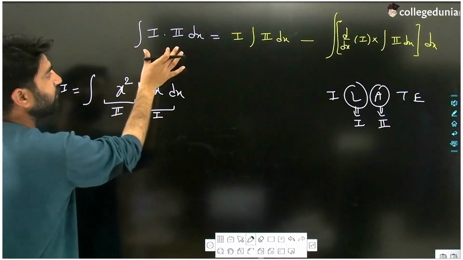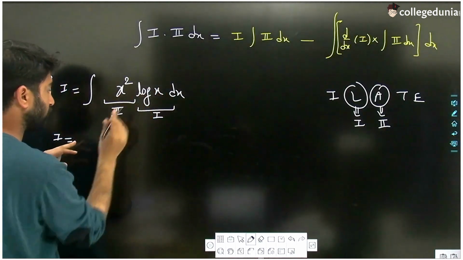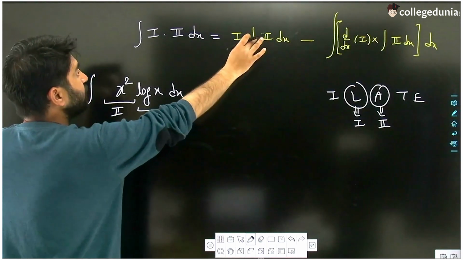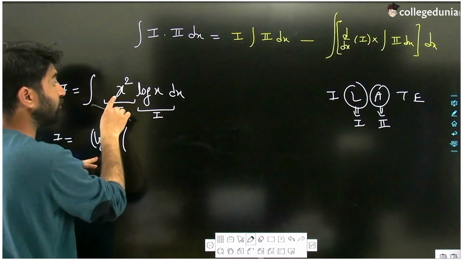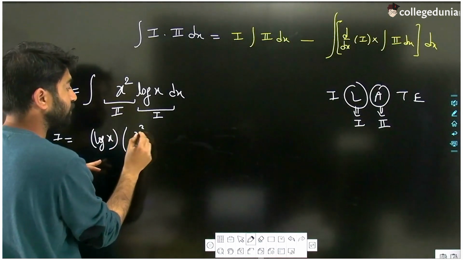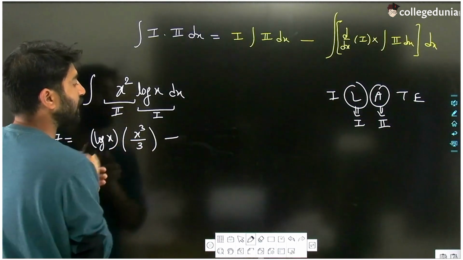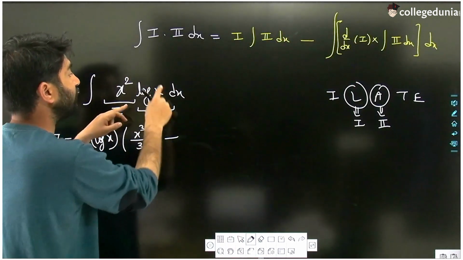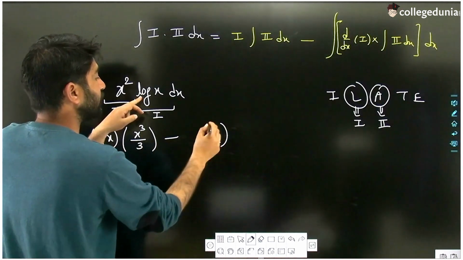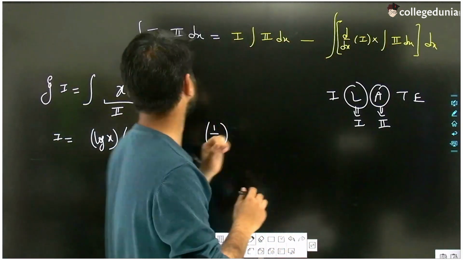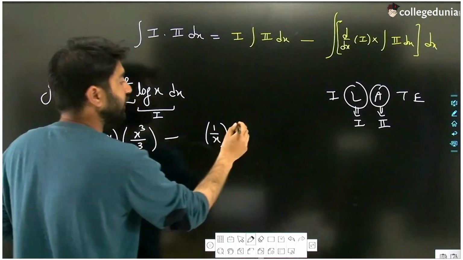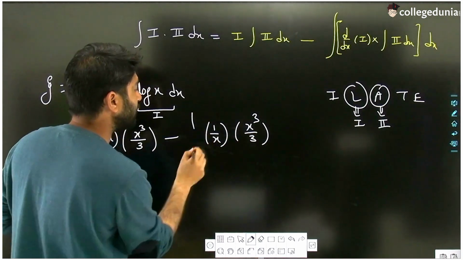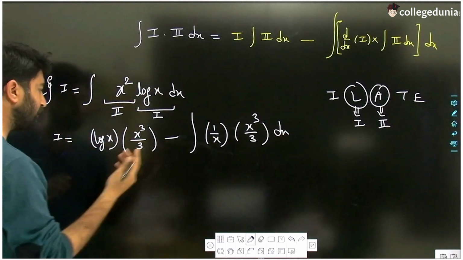According to the by parts method, the first function, log x, will be written as it is. Then we have to integrate the second, the integration of x square, which is x cube upon 3, minus, then differentiation of log x, which is 1 by x, and then integration of second, x square, which is x cube by 3, and then this entire term will be integrated again with respect to x.